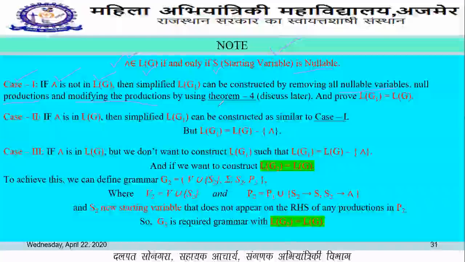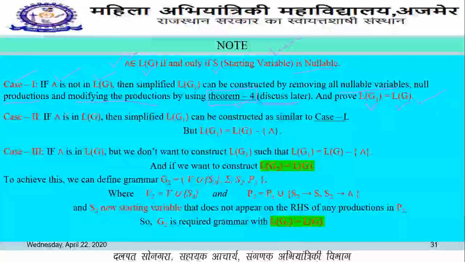For this, we have theorem 4, which we discuss in our next lecture. By theorem 4, we easily eliminate nullable variables, and the resultant grammar G1 and the language of G1 is of course equal to L of G. This we will also prove by example.